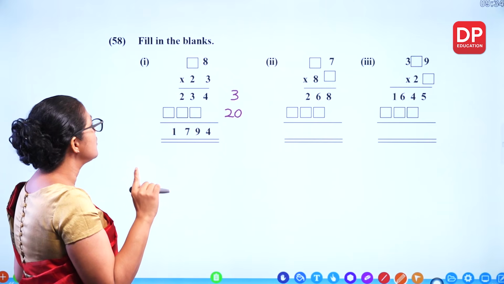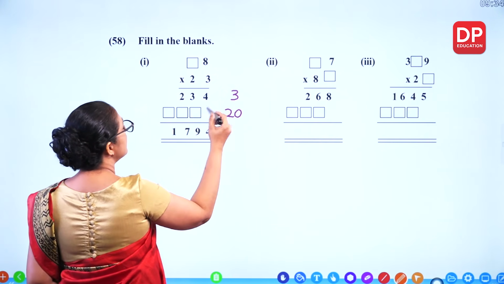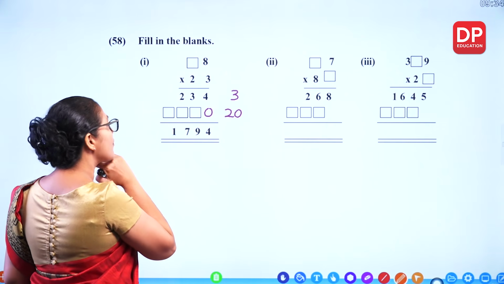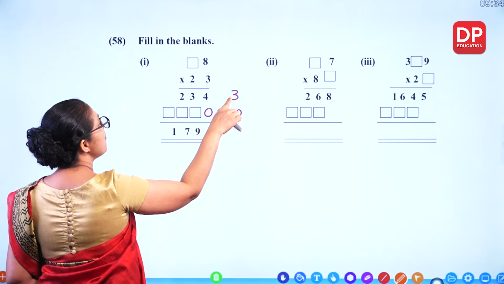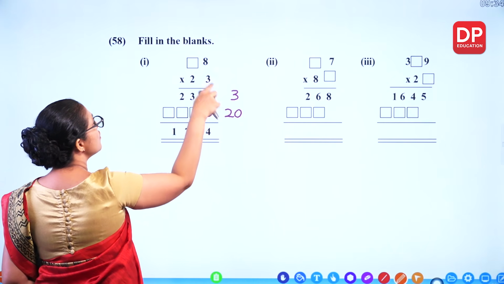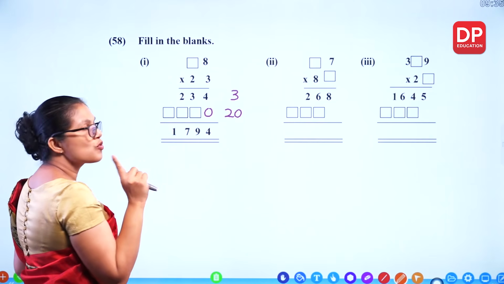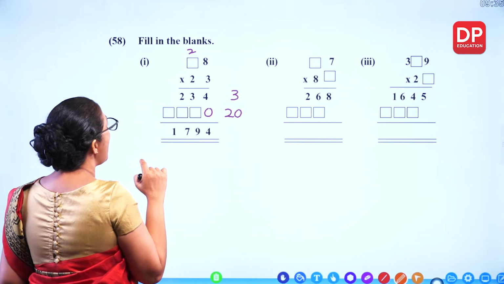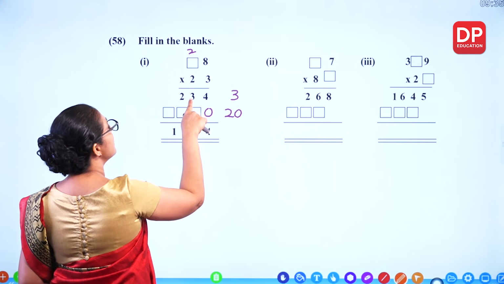You split 3 and 20. 20 means you put a 0 and multiply by 2. And here to get this answer, multiply by 3. So we need to do 3 times 8, 24. 2 remaining. And you need to get 3 here.